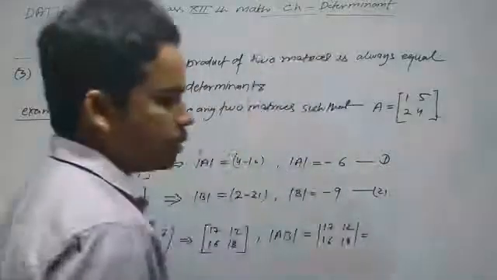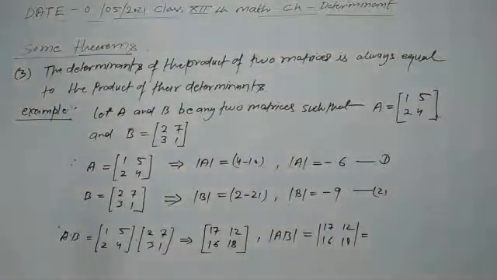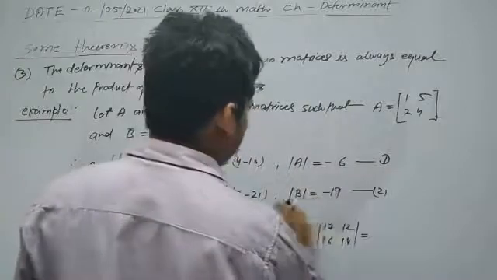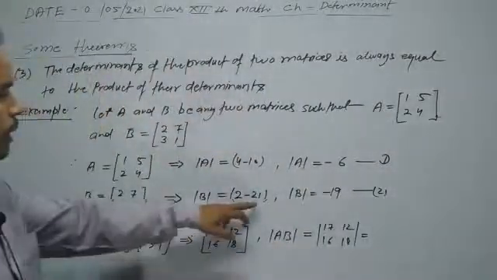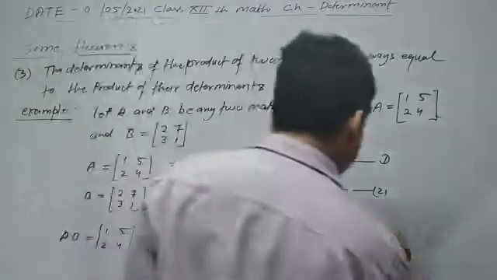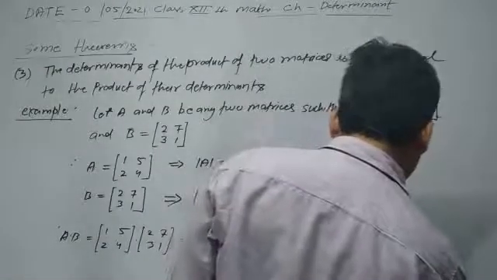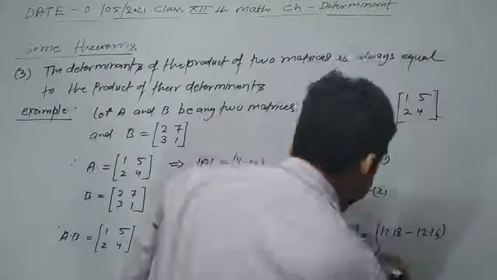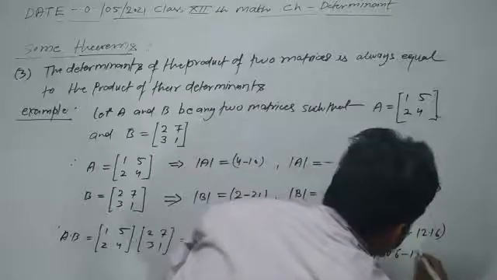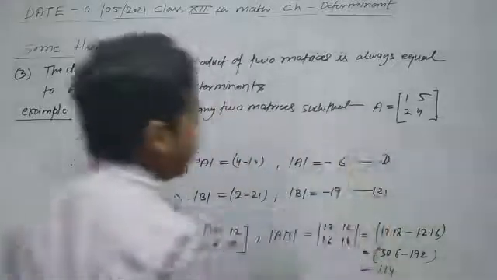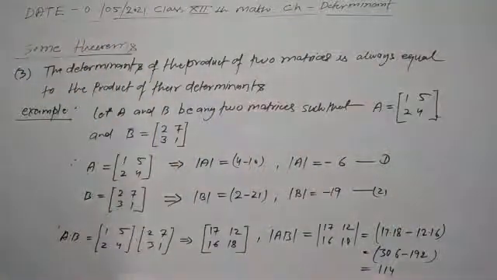Its value will be 17 into 18 minus 12 into 16. The result is 306 minus 192. So the result you will get is 114.